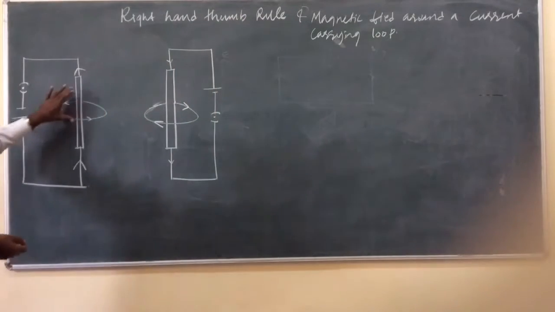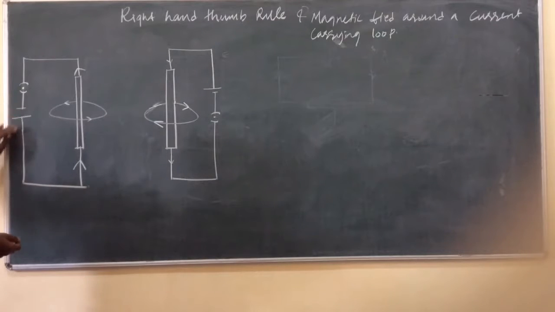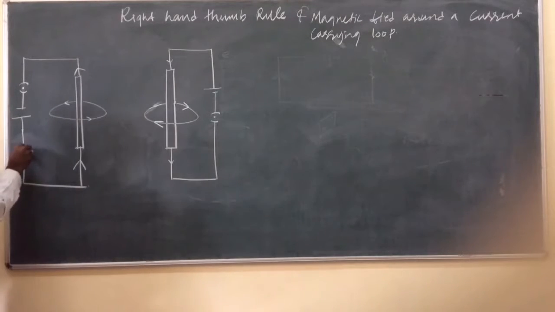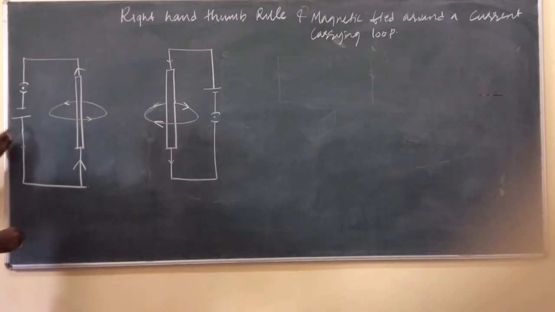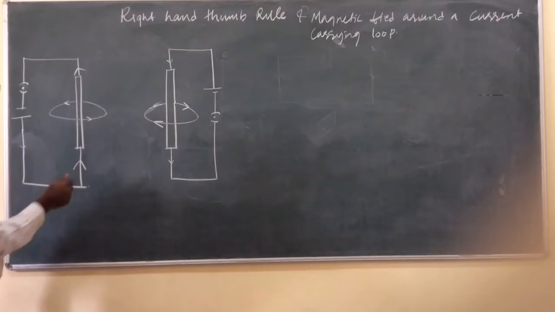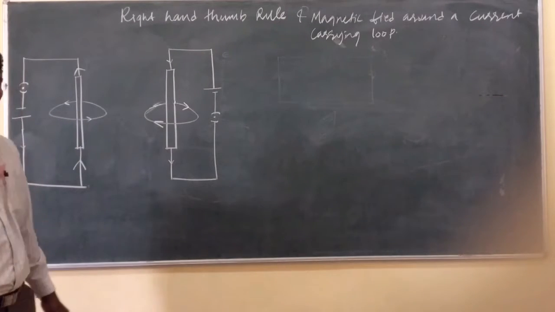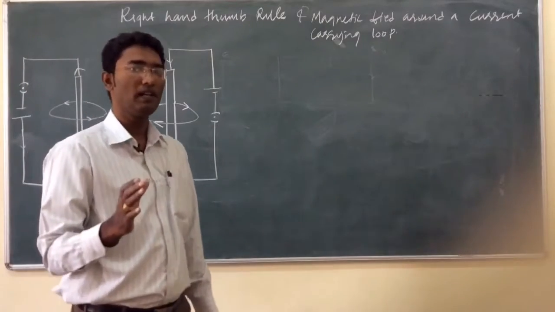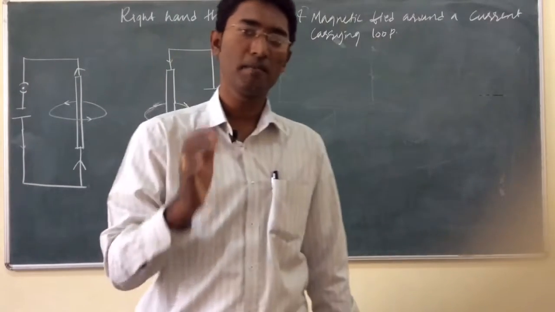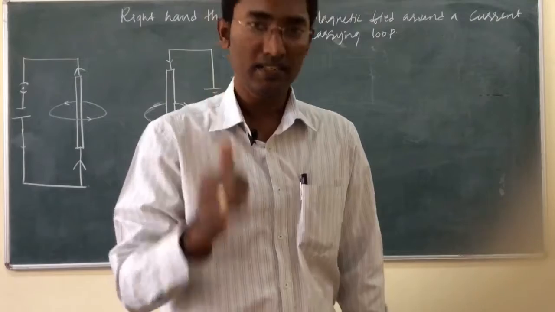This is the circuit in which there is a conductor, and you can see the conductor is connected to a cell or a battery, and the direction of the current is up. So the current is flowing in the upward direction. So it produces a magnetic field which is circular around the conductor. And if it is producing a magnetic field around it, that means the magnetic field has a direction.